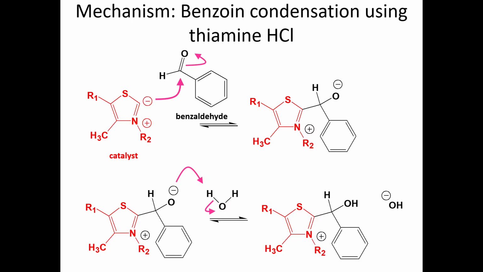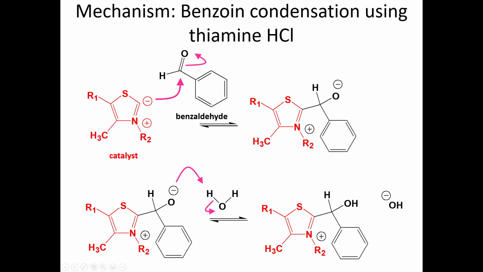So how exactly does benzoin get formed using this thiamine catalyst? Starting off with our zwitterion catalyst and benzaldehyde, our negative charge is able to attack our carbonyl group and break it apart, and we get this negatively charged oxygen.